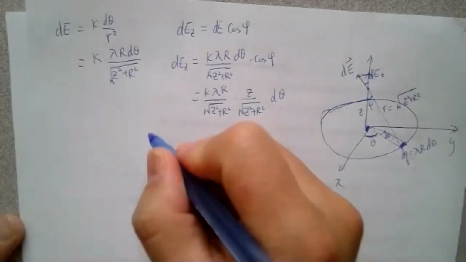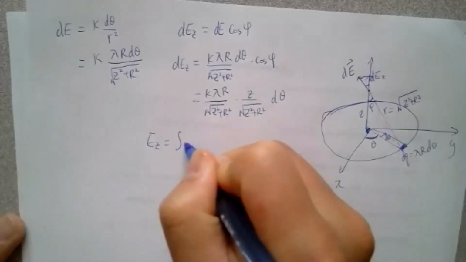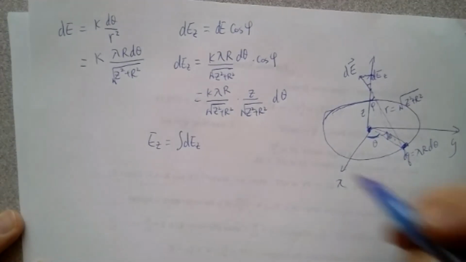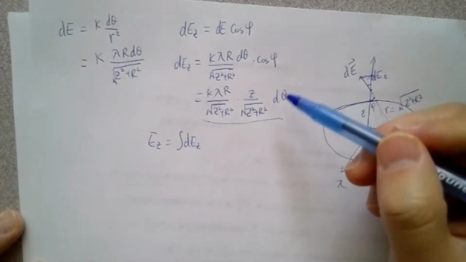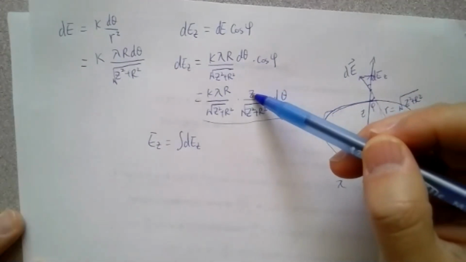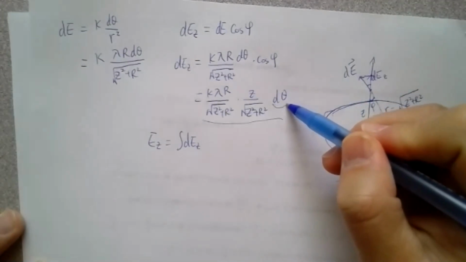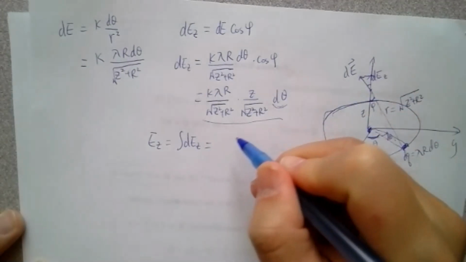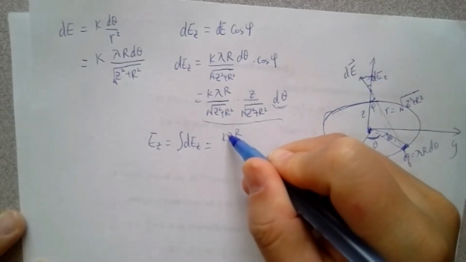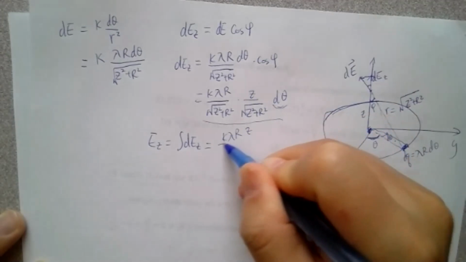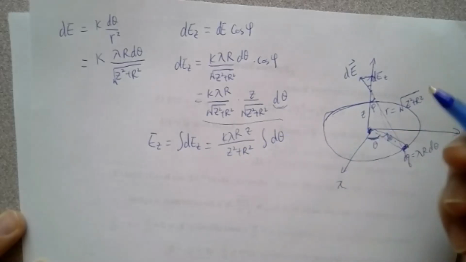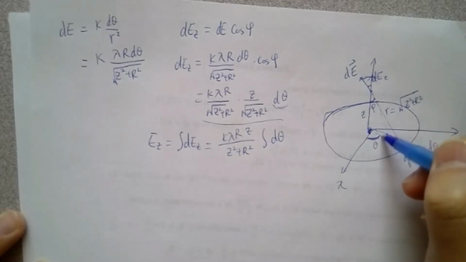Now for the electric field in the Z component, you'll be integrating dEz. In this expression, you can see K is constant, lambda is constant, R is constant, Z is constant. So the only variable will be d theta. So you'll just put all these constant terms in front: K lambda R Z over Z squared plus R squared, times the integration of d theta. d theta goes from 0 to 2 pi.